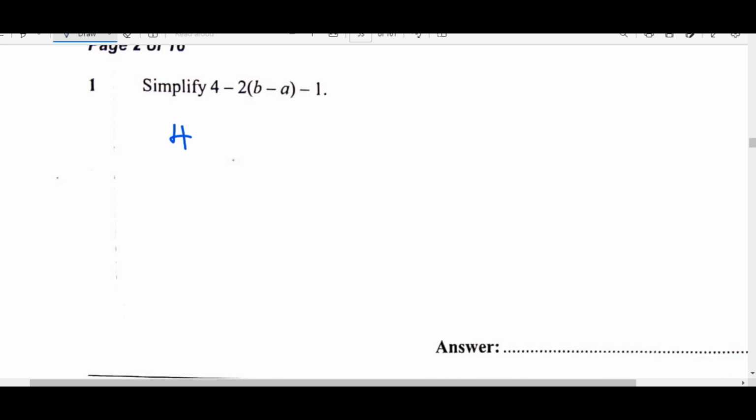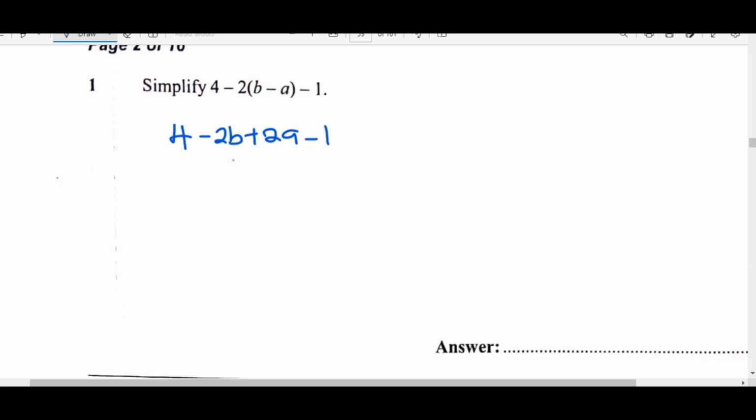So you'd say negative 2 times b, so the answer is negative 2b. Negative times negative, so you're going to have a positive. So meaning that you're going to have positive 2a, and then you maintain negative 1.